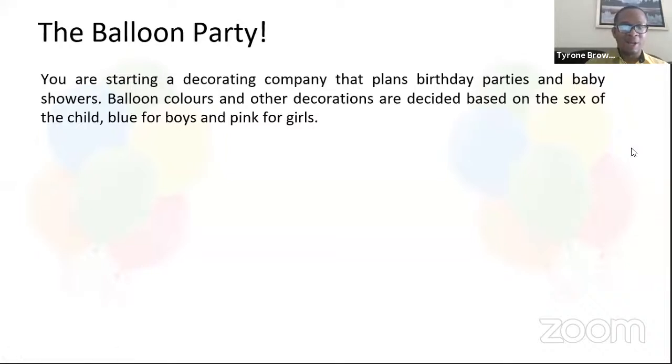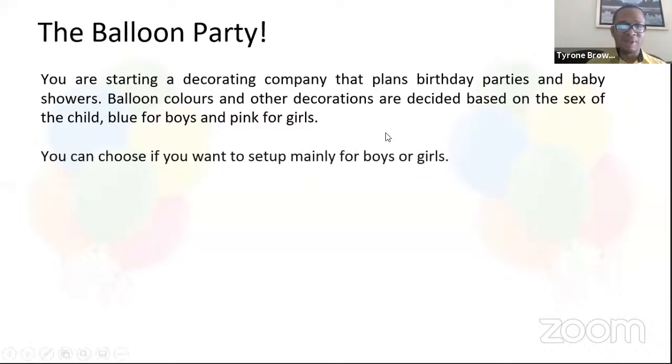The balloon colors are based on the sex of the child, and we're using blue for boys and pink for girls. Yes, we're planning your birthday party, sir. We can either set up the party mainly for girls or mainly for boys.